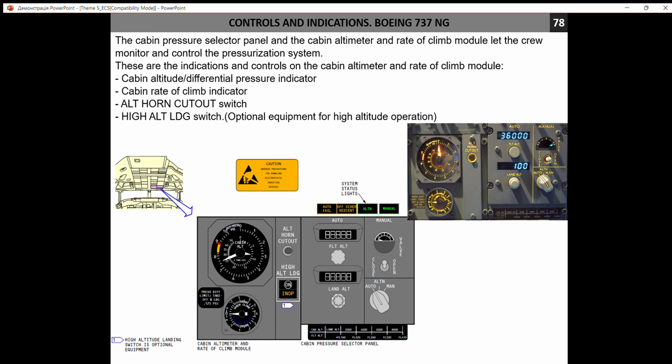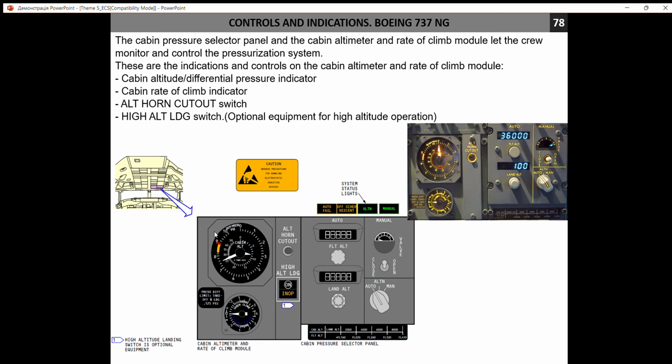Then another example of controlling in a variant of the 737. What we may see here is a round indicator that shows us the difference of pressure.